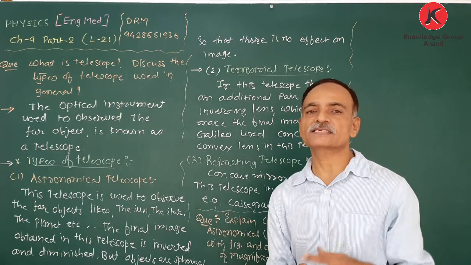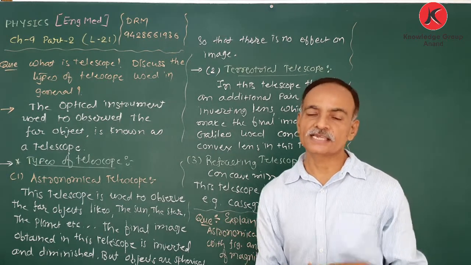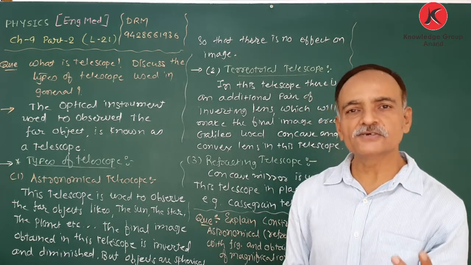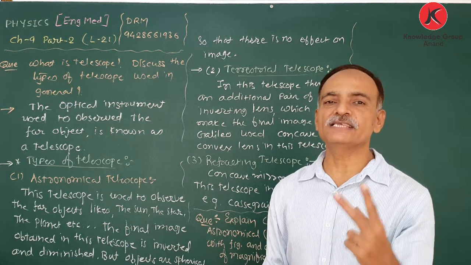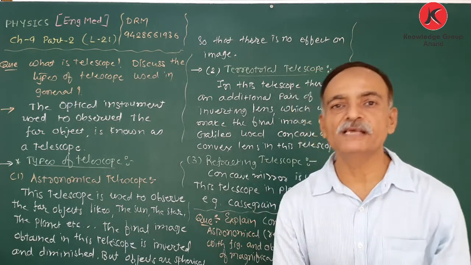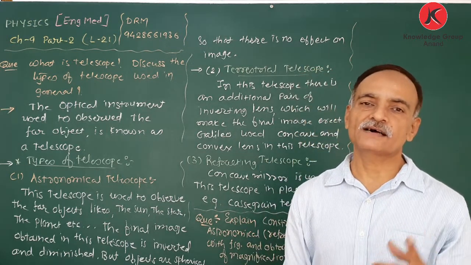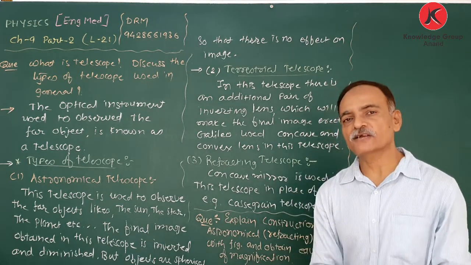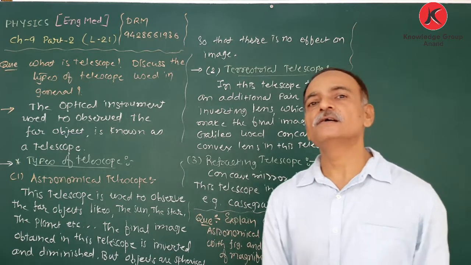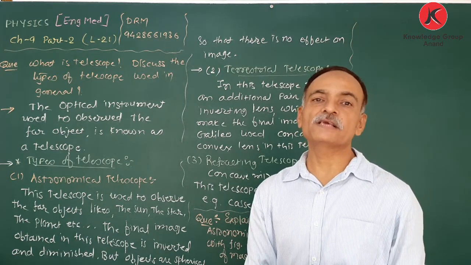For that purpose, the telescope is used. A telescope is generally used to observe far objects, so its clear and magnified image is obtained by the telescope. So here, the working of the microscope and telescope are inverse of each other.